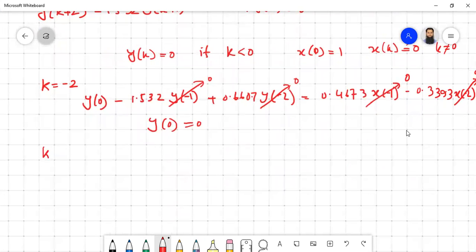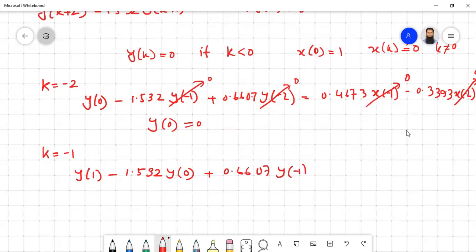Secondly, if you take k equal to minus 1, then we have y(1), because 2 minus 1 is 1, so y(1) minus 1.532 y(0) plus 0.6607 y(minus 1) equal to 0.4673 times x(0) minus 0.3393 x(minus 1).